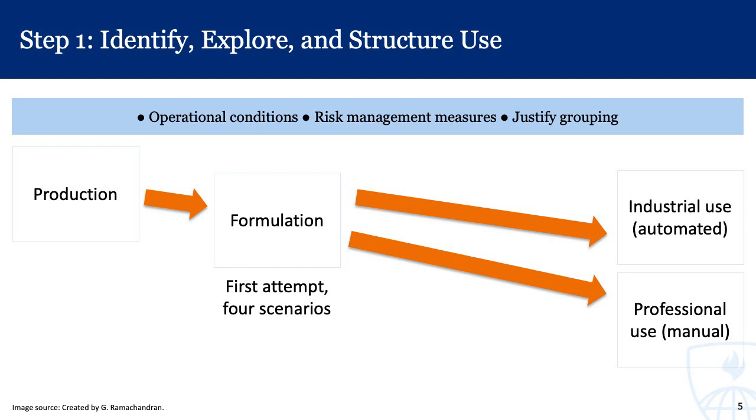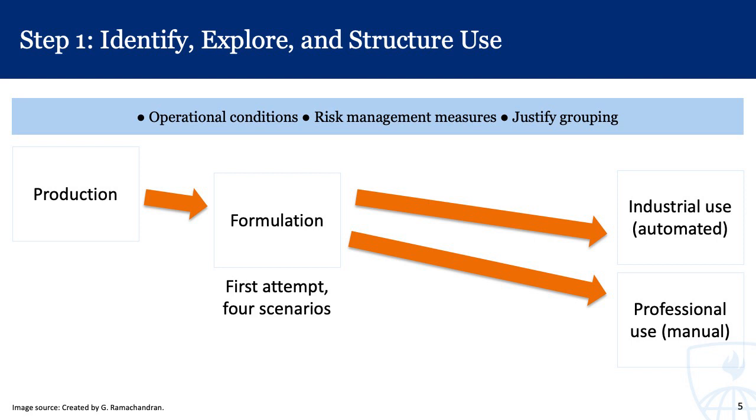So, are the workers wearing a particular mask, or is there a ventilation system, and what is the air exchange rate through this particular room? Those are the sorts of information pieces that we would need here. And we also need to provide some justification for grouping certain scenarios into one big scenario.